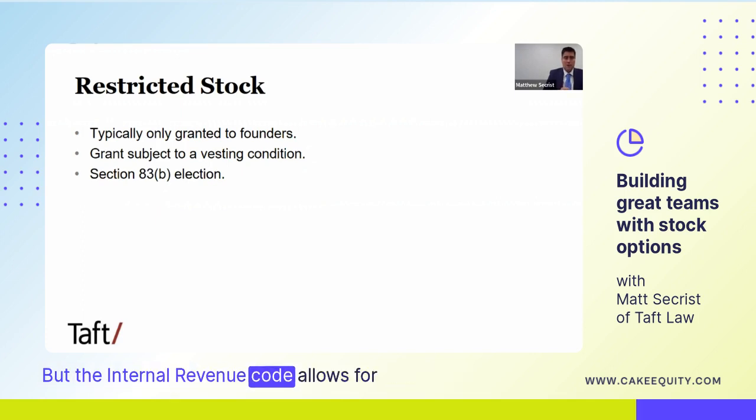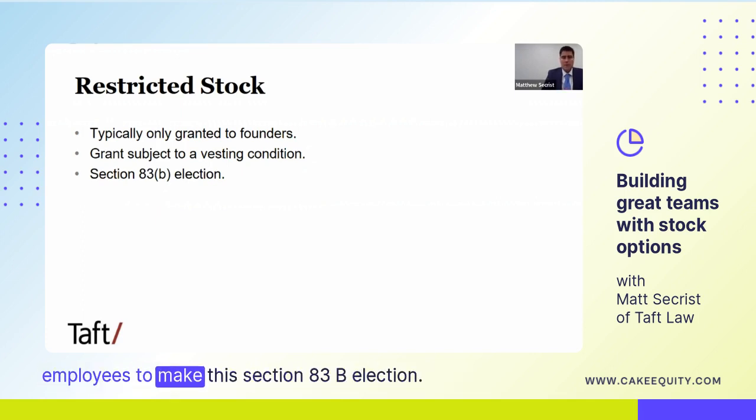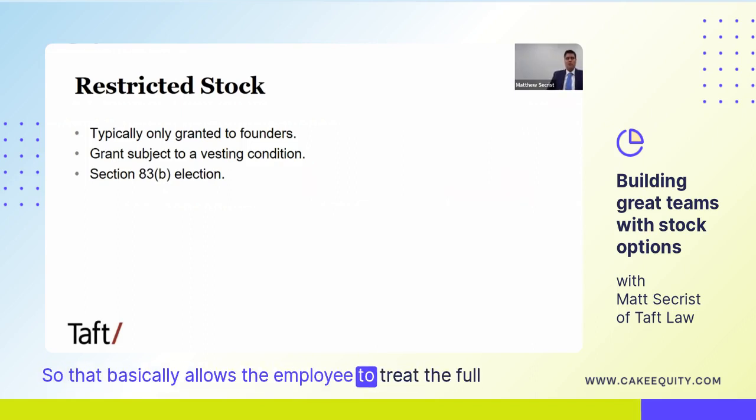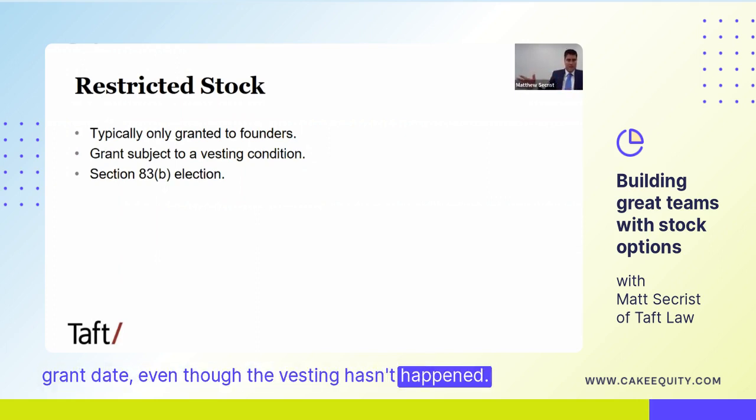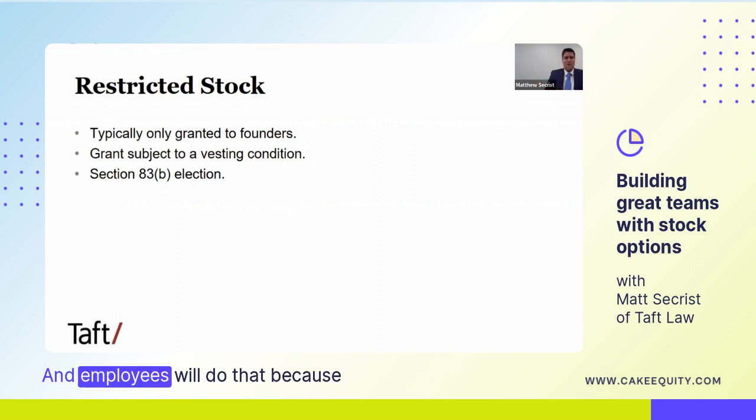But the Internal Revenue Code allows employees to make this Section 83(b) election. That basically allows the employee to treat the full value of the grant as includable as income on the grant date, even though the vesting hasn't happened. And employees will do that because they're recognizing a lower value.